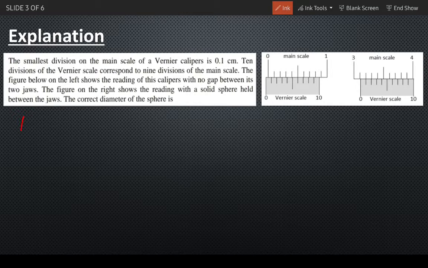So the first step that we are going to look at is finding the least count. As you know, least count has formula as 1 main scale division minus 1 vernier scale division. We are given 1 main scale division equals 0.1 centimeter.